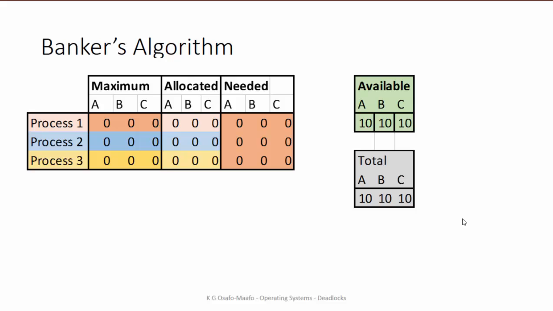Right. So I'm going to start off and say I have a system that has 10 items: 10 of item A, 10 of item B, 10 of item C. For the people who are saying, oh, this is abstract, please just think of any scenario.